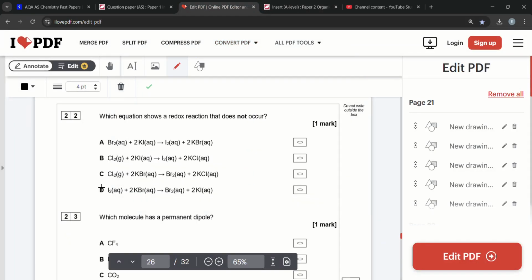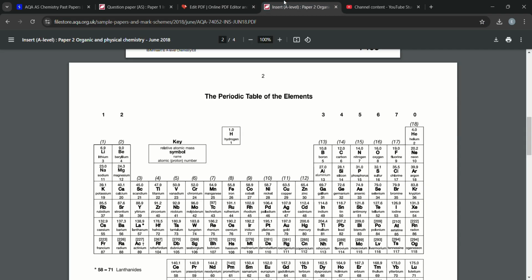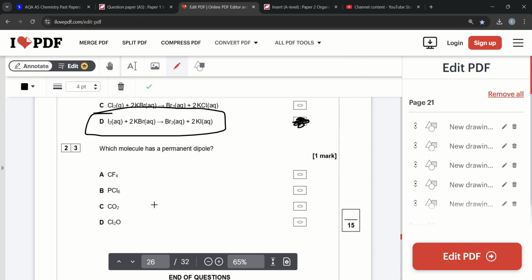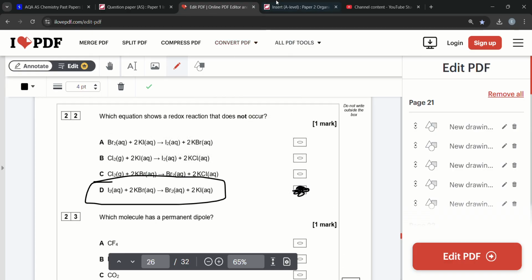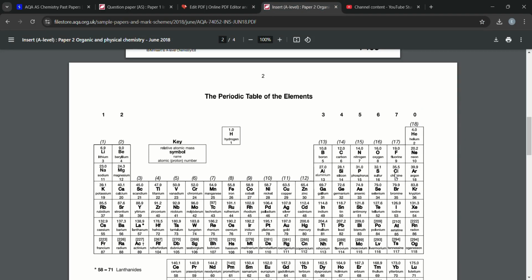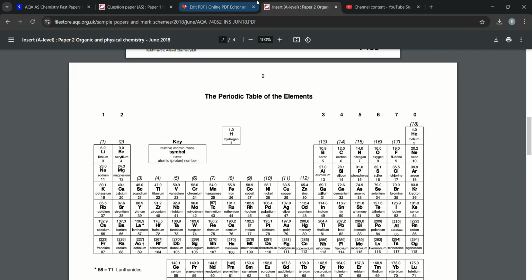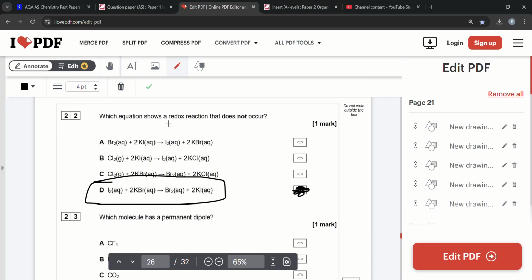Well, how is iodine going to displace bromine? Iodine is further down the group, so therefore it can't be D. That cannot occur, because in the rest of them the halogen is higher up the group. Same with B and C, but in D, iodine is lower down the group than bromine, so it cannot have a redox reaction with it.